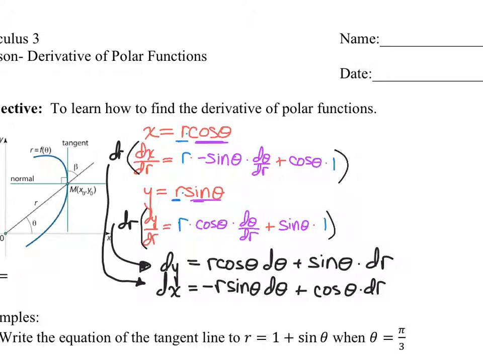Now what I need is dy over dx. Oh, it's funny how that works. All right. Whoop. And whoop. And now you have a rule.